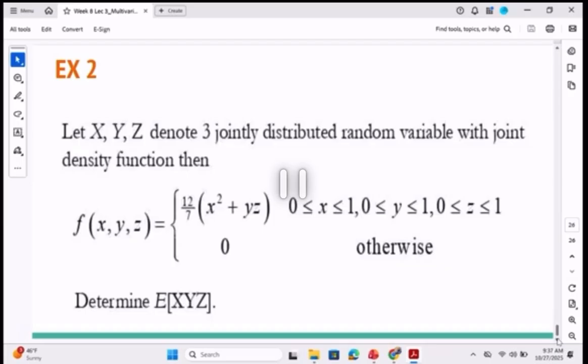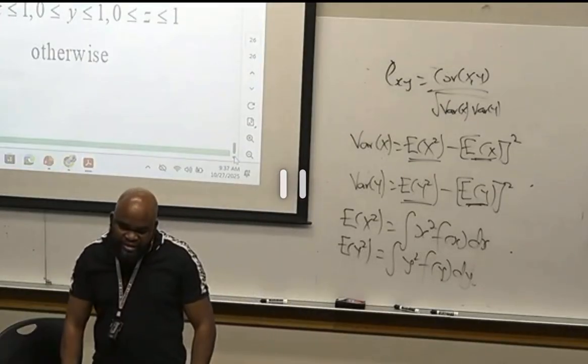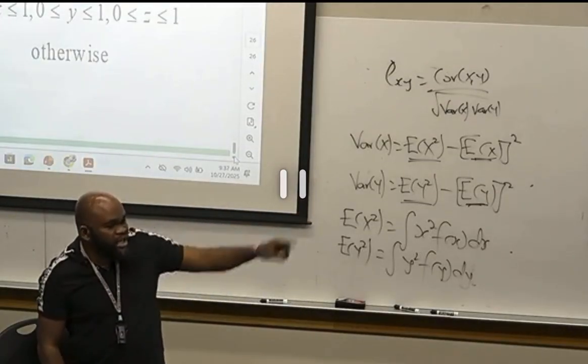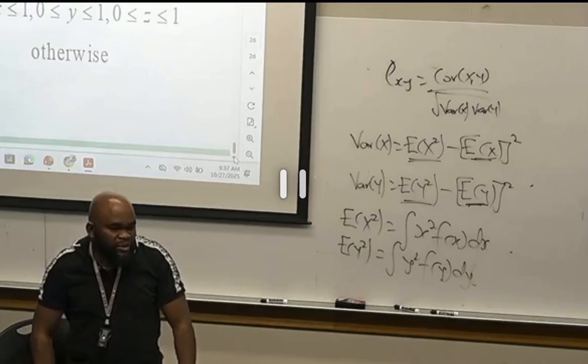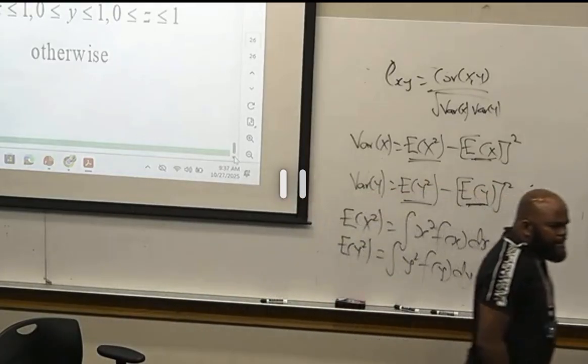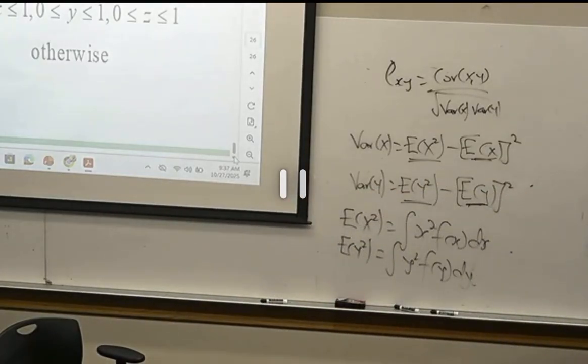Now, you can also find the expectation of the product when you have x, y, z. I want to ask a question for extra credit. Can somebody tell me, if I want to figure this out, what am I going to do? Go ahead. For the x, y, z triple integral, multiplying it by x, y, z, bound 0 to 1 for all three.